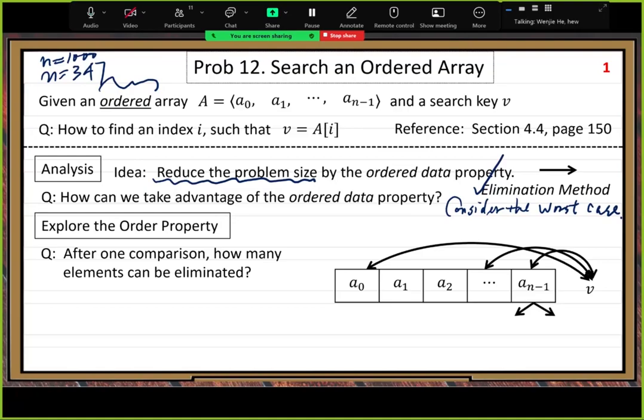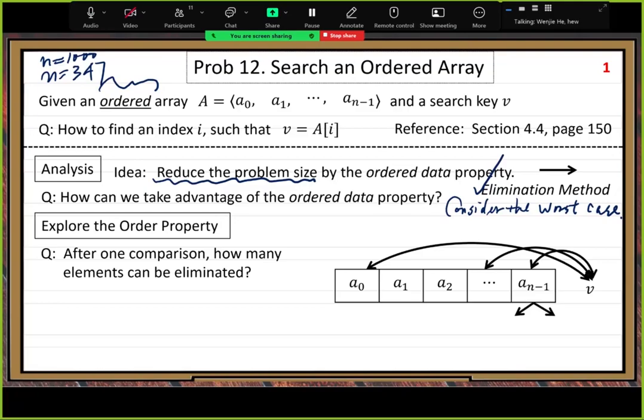If V equals A sub N minus 1, then it's the best case, so we don't worry about that. Here we consider the worst case. The first case, V is greater than A sub N minus 1. The second case, V is smaller than A sub N minus 1. Two cases. Which one is worse?